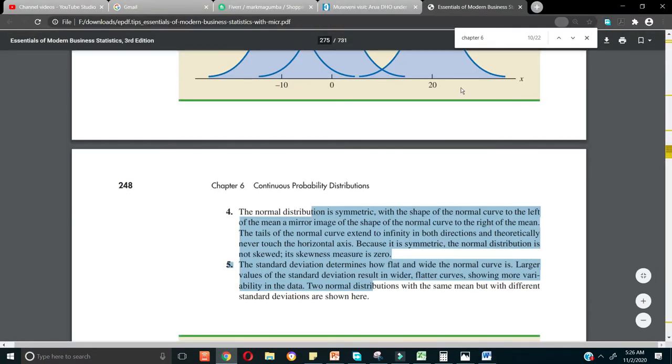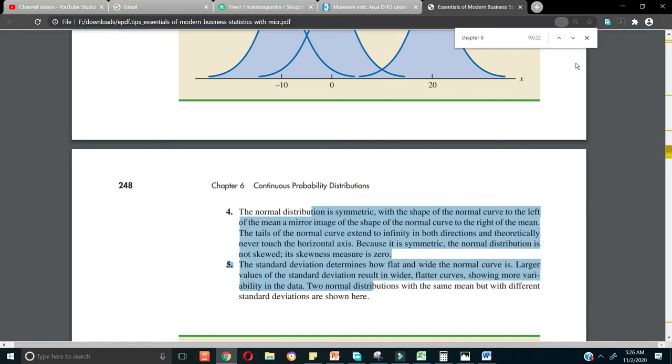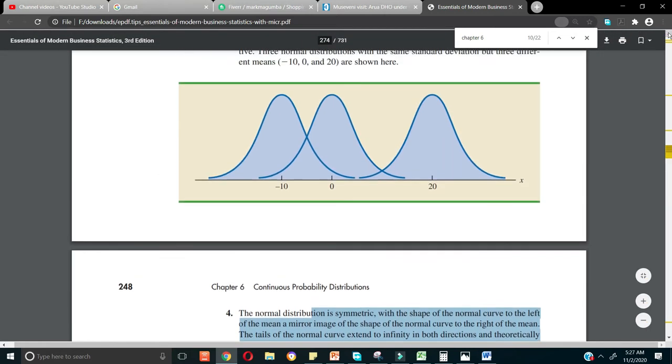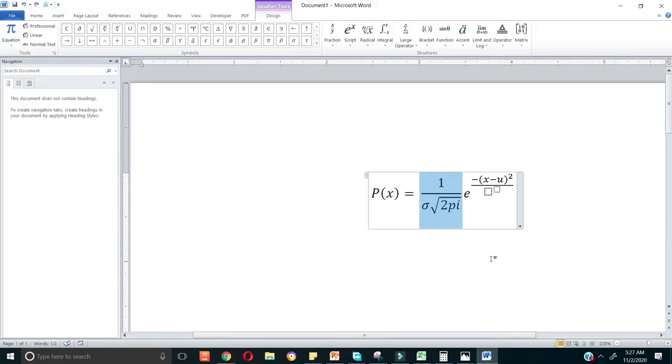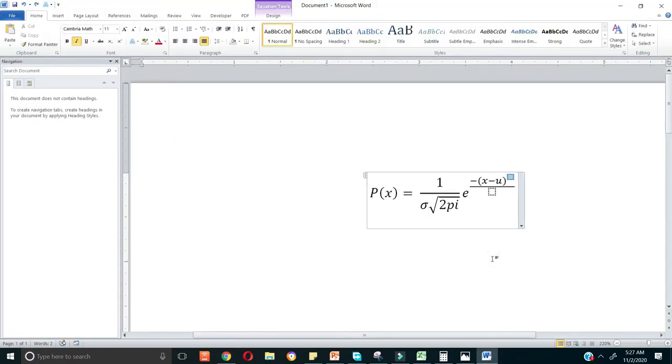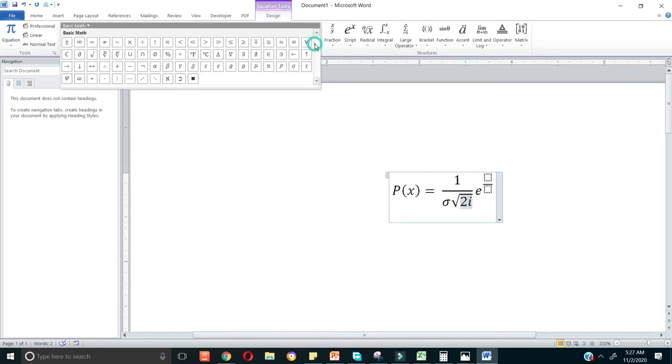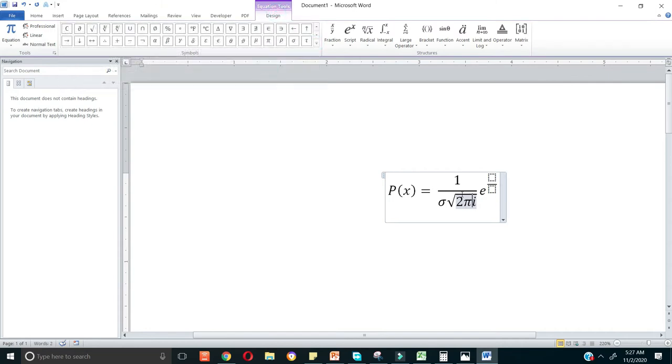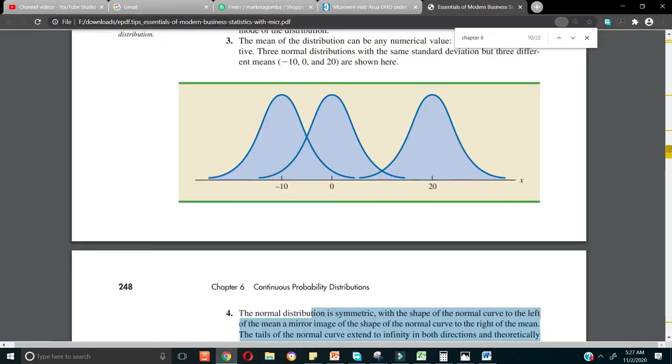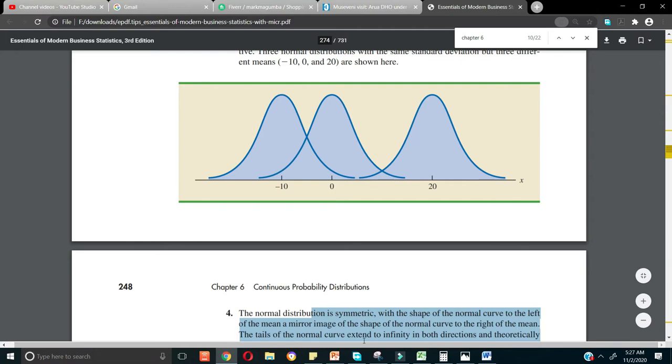So basically, when mu is equal to 0 and sigma is equal to 1, I wanted to do this practically. So that's 1 over root 2 pi, e to the x minus mu.